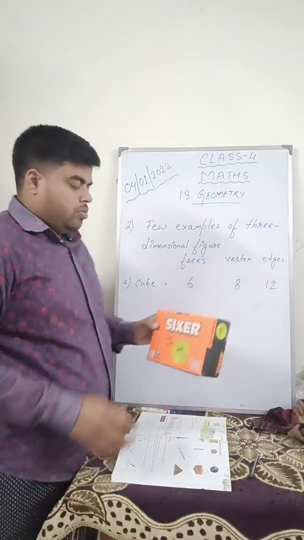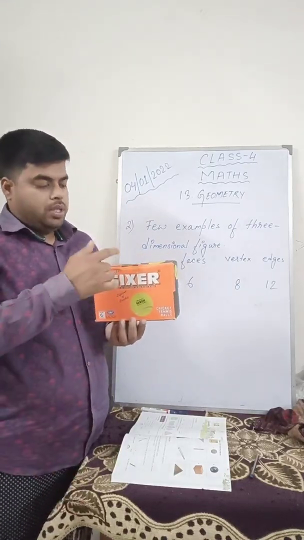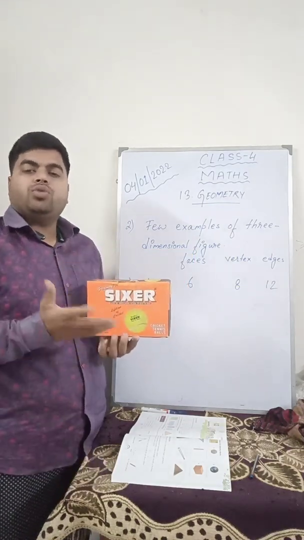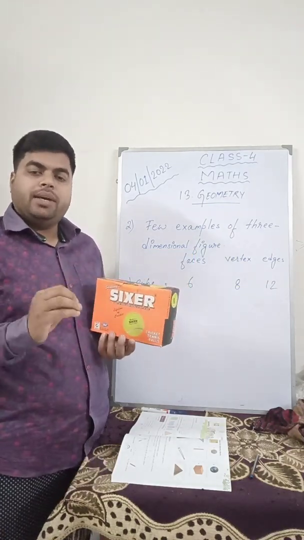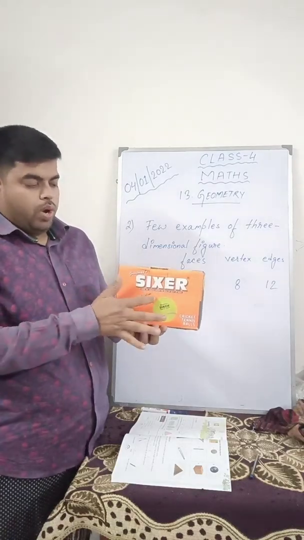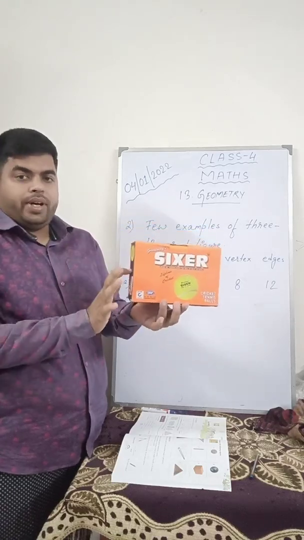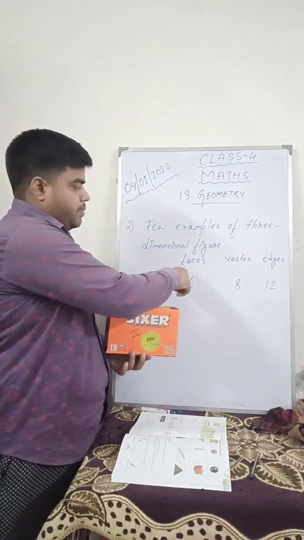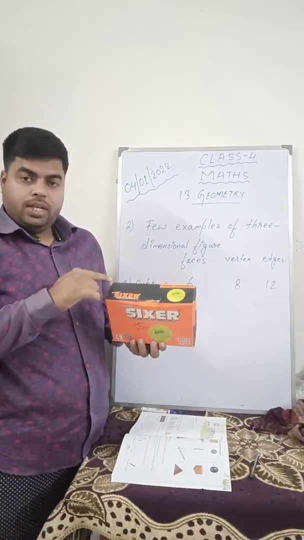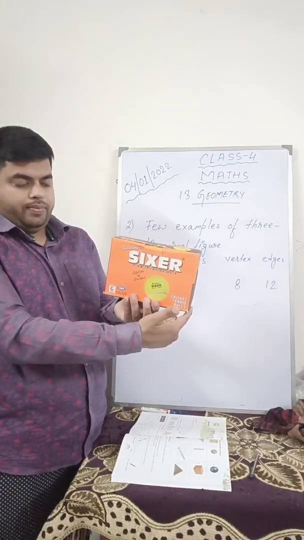So let me show you. Suppose this is cuboid. Why cuboid? Because the opposite sides are same. In cube, all the sides will be same, but the number of vertex and all will be same. So faces how many? 1 and the opposite 2, 3 and the opposite 4, 5 and the opposite 6. 6 faces. Vertex how many? 1, 2, 3, 4, 5, 6, 7, 8.